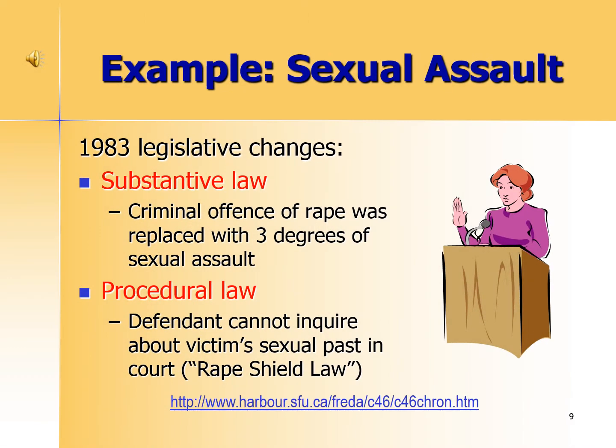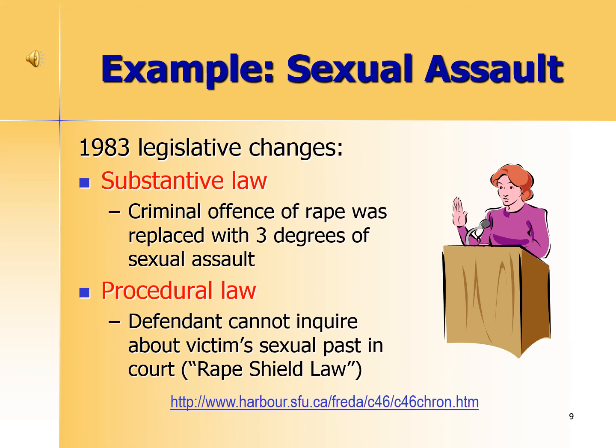I'll also use the example of sexual assault as one that shows the differences between substantive law and procedural law. So in 1983, there were amendments made to the Criminal Code regarding sexual assault, and these amendments impacted both substantive law and procedural law.